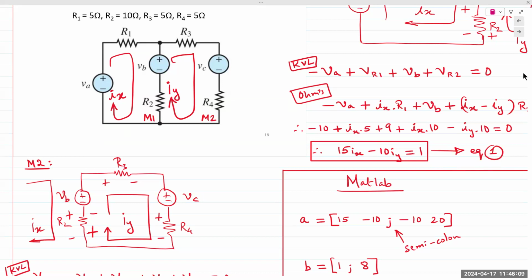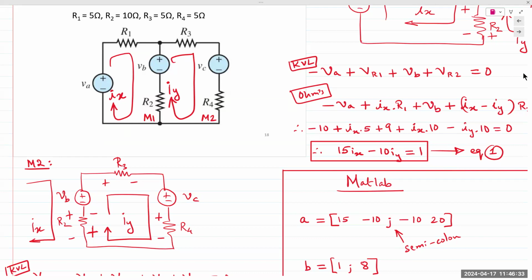Even if I choose the bottom node as my reference, and I have the answer for the top left node as VA, out of 6 nodes I have eliminated only 2. That still leaves me with 4 nodes, 4 unknown variables. I would need 4 equations to solve the circuit using node voltage analysis, versus mesh current analysis, where I only need 2.